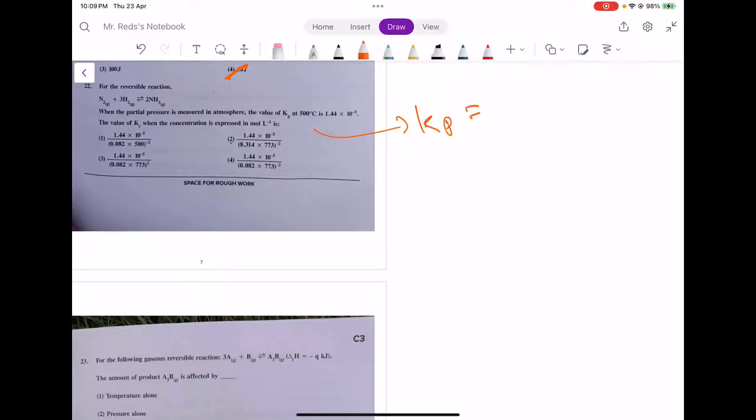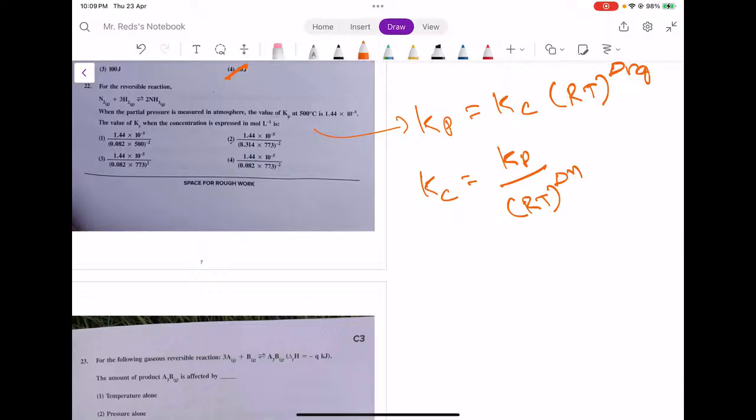Kp is equal to Kc into RT power delta n, where delta n is the change in number of moles of gaseous substances. What is asked here is Kc, the equilibrium constant in terms of concentration, which is Kp by RT power delta n.